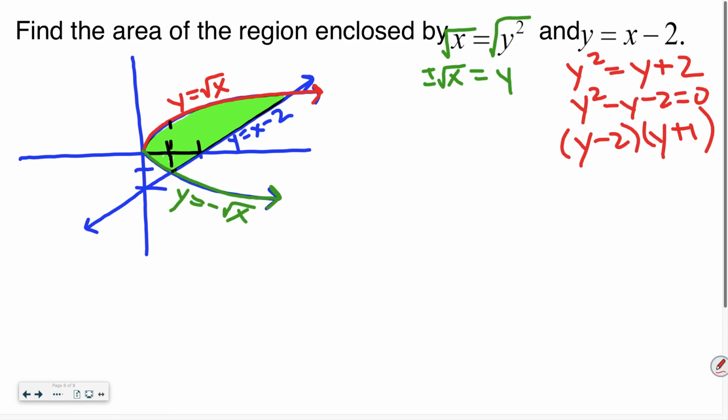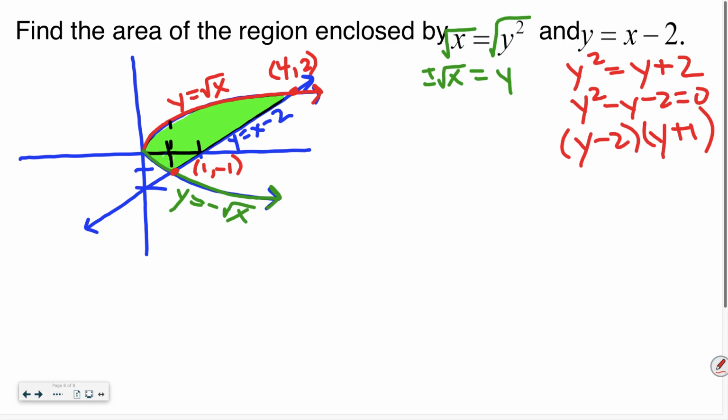If I'm going to set the x's equal to each other, right? Okay, so when y is negative 1, what is x? Okay. And when y is 2, what is x? 4. So our intersection points, the ones that we care about, are x equals 1 and x equals 4.